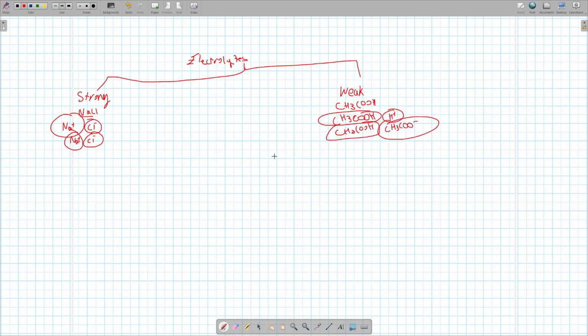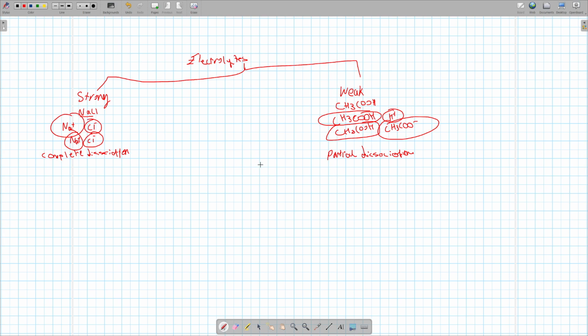But the rest didn't dissociate. So basically, in weak, it's a partial dissociation. Strong is a complete dissociation. So, to sum up, a strong electrolyte has a complete dissociation, a weak electrolyte has a partial dissociation.